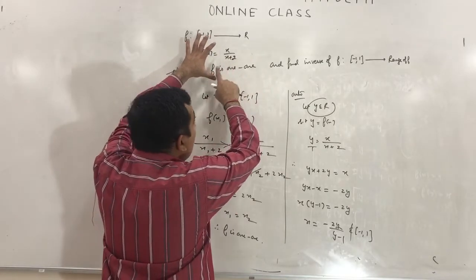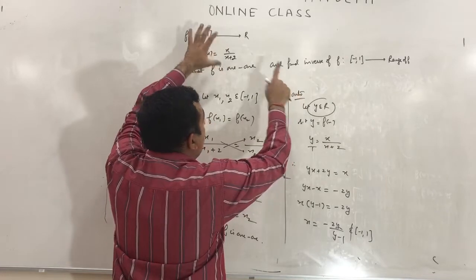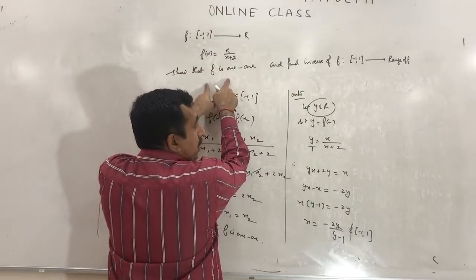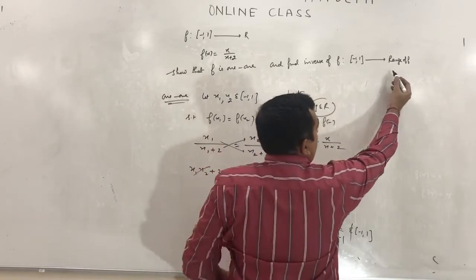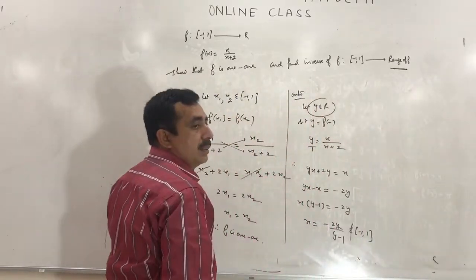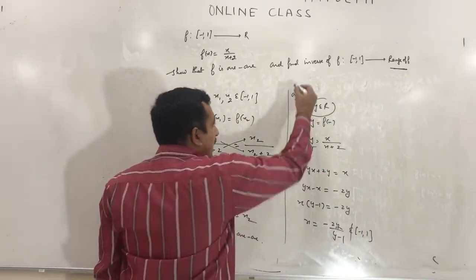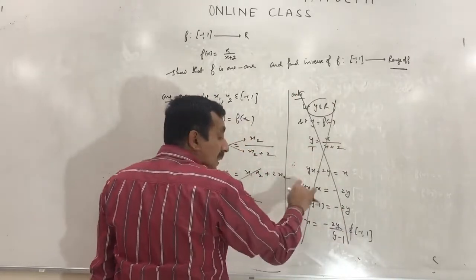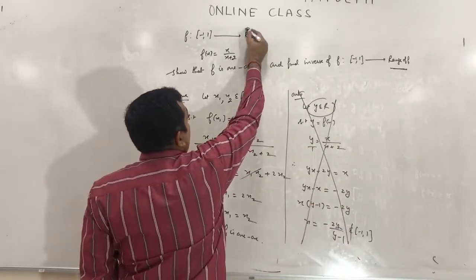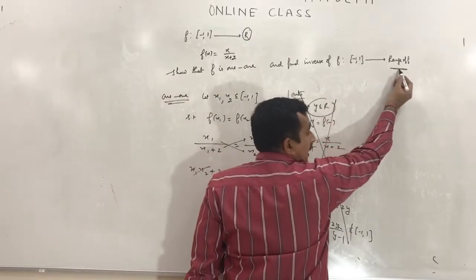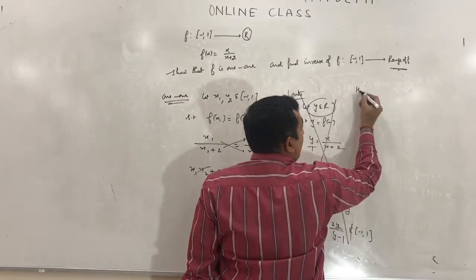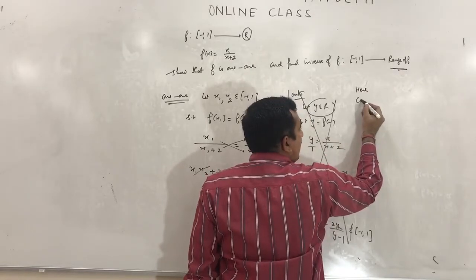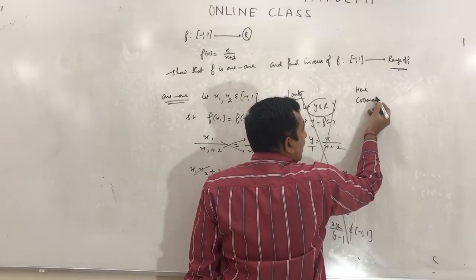Now what is written in the question? Show it is one-one. Find the inverse of this. Now what is the change here? See. He has not asked about this, but instead of this codomain, he has written this. Now here the codomain is the range.